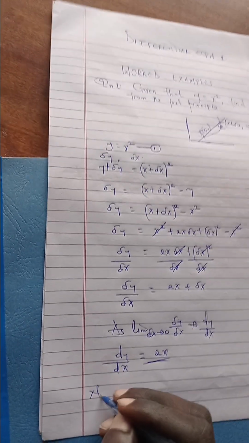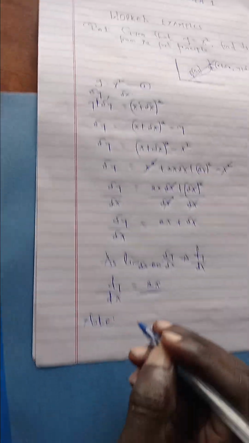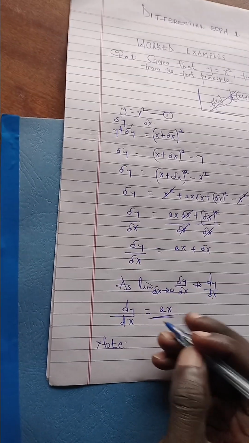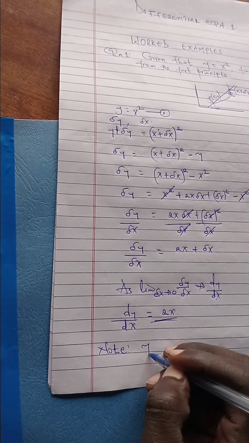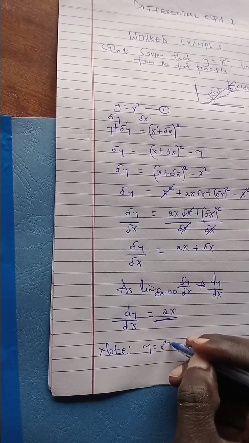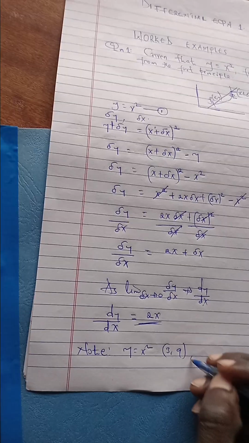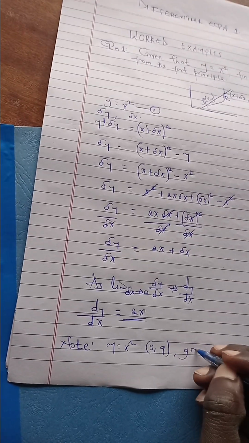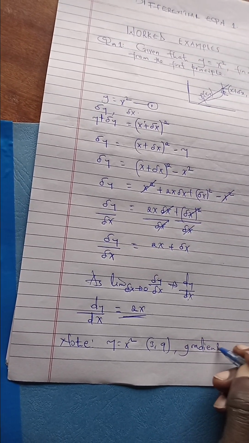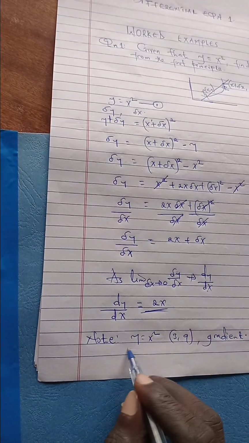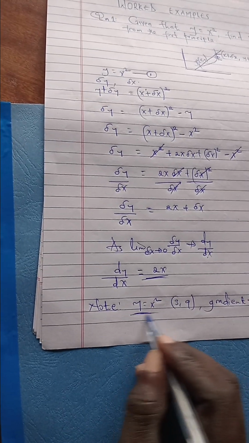Now, you have to note that what if you are given a curve y equals x squared at point (3, 9), and you are asked to find the gradient of this curve. That means you first have to differentiate your polynomial.